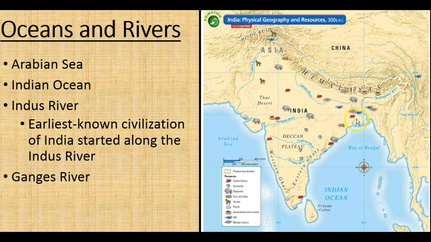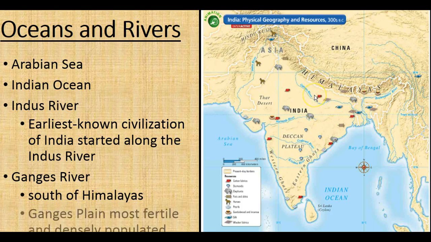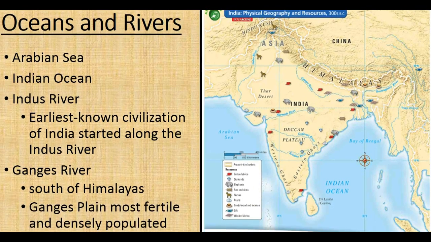The Ganges River, which we have covered along the banks, is called the Ganges Plain, and it is fertile because of the silt. Okay. And just a little tidbit, so we've talked about the Himalayas being to the north of India, and the Ganges River lies to the south of the Himalayas. Okay. I'm going to pull this down just a bit.